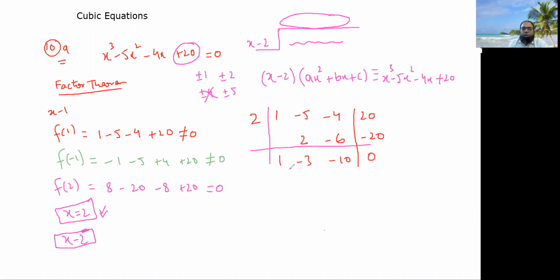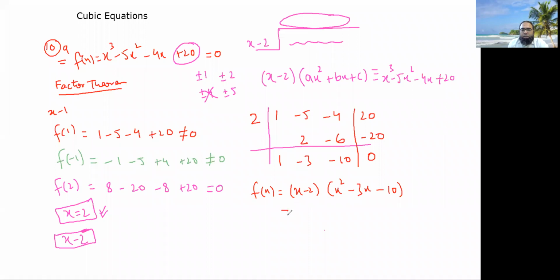So that means the corresponding quadratic factor is, if this is your f of x, then f of x is going to be x minus 2 into x squared minus 3x minus 10.